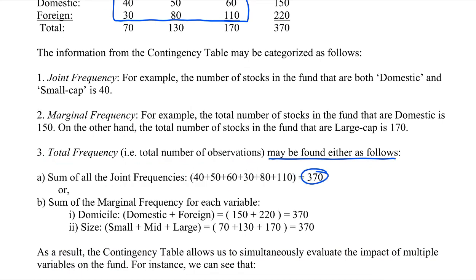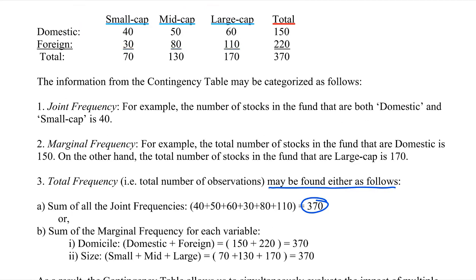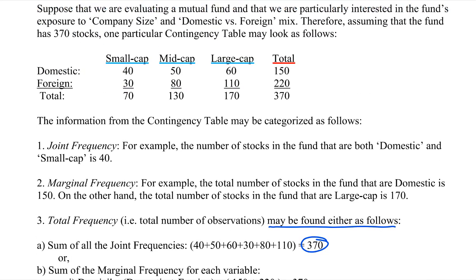Alternatively, we can find the 370 by simply adding the marginal frequency. If you're looking at it from the point of view of stock listing, you can say, okay, domestic, there was 150. So there were 150 stocks listed in the domestic market, and there were 220 stocks listed in the foreign market. So the sum of the two is equal to the total.